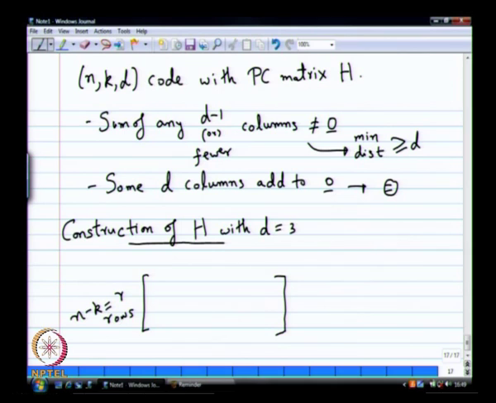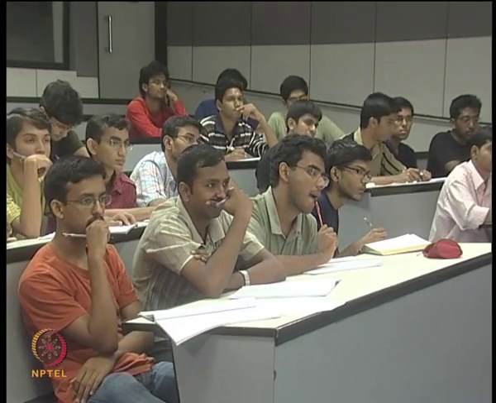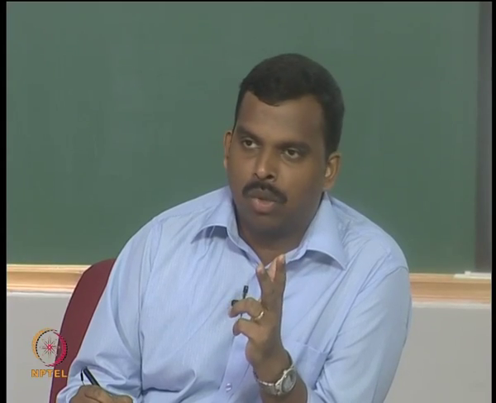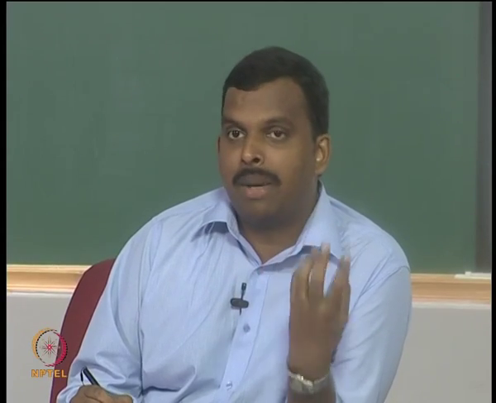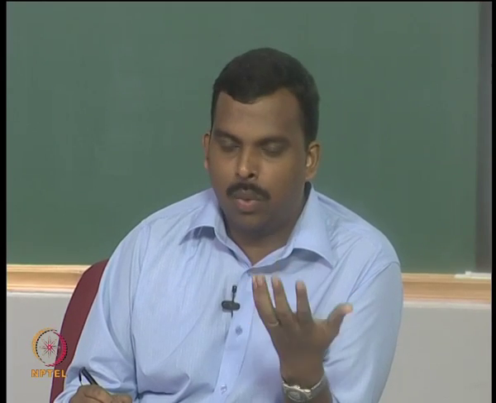Remember, how many different possibilities are there? Once I fix n minus k, how many different columns can I have? 2 power n minus k, 2 power r. I cannot have more than that many columns. So n clearly has to be less than or equal to 2 power n minus k. Now, out of this, what is ruled out? All 0 is ruled out, and the reason why I had 2 power n minus k is I do not want to allow repetitions.